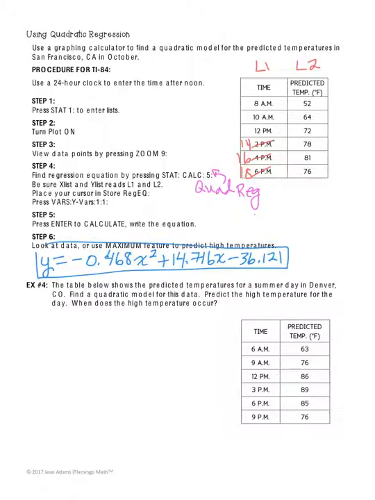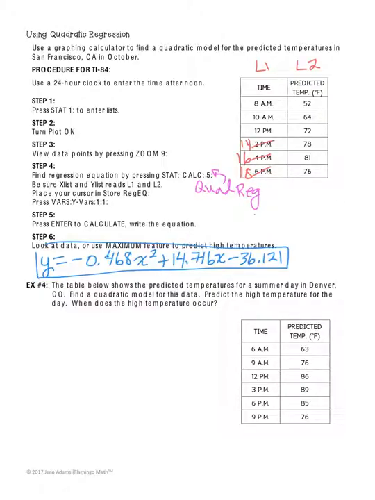Now, if you go to your graph and hit graph, and your stats plots is on, you should see a kind of funky looking graph. Then I would put this equation into my y equals, and it should approximate what it looks like on that graph. In fact, this should create a line that goes through those points on your graph.